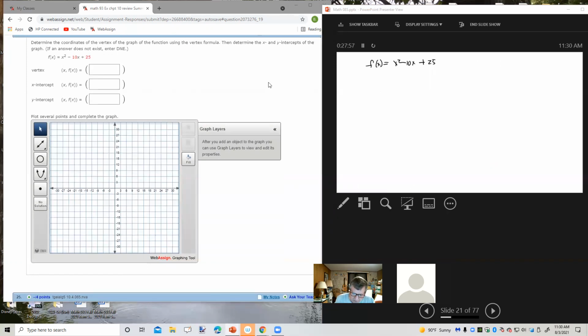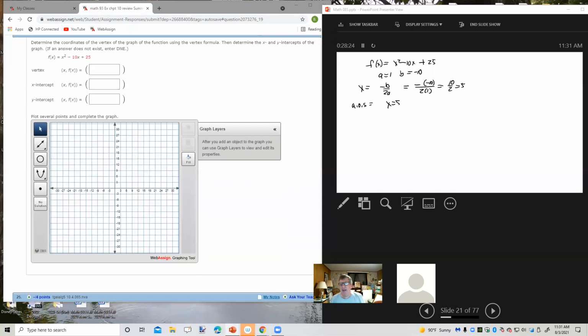And we're supposed to find the vertex. Well, let's see. This is in standard form. A is 1, b is negative 10. X equals negative b over 2a. So there's a formula you need to have memorized, which is negative times negative 10 over 2 times 1, which is 10 over 2 or 5. So the axis of symmetry is at x equals 5.